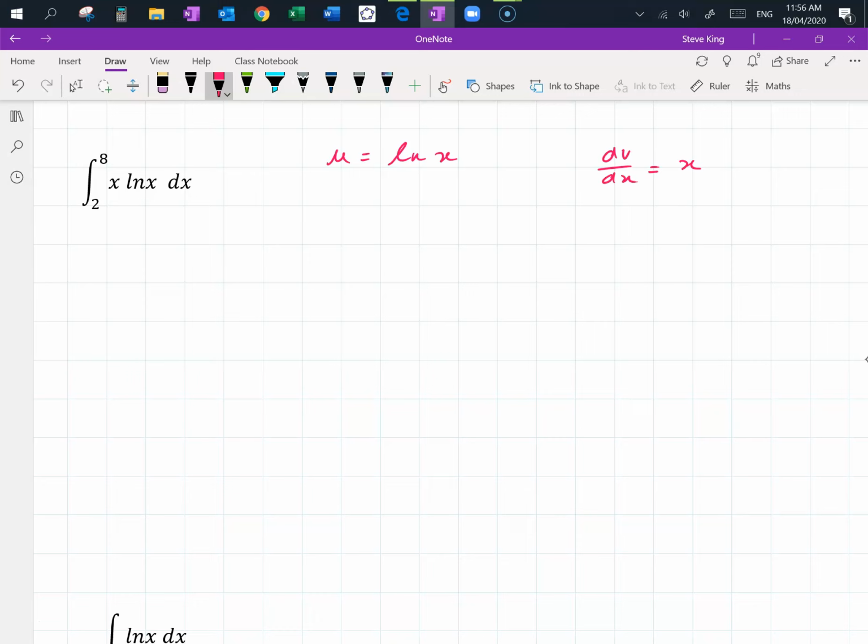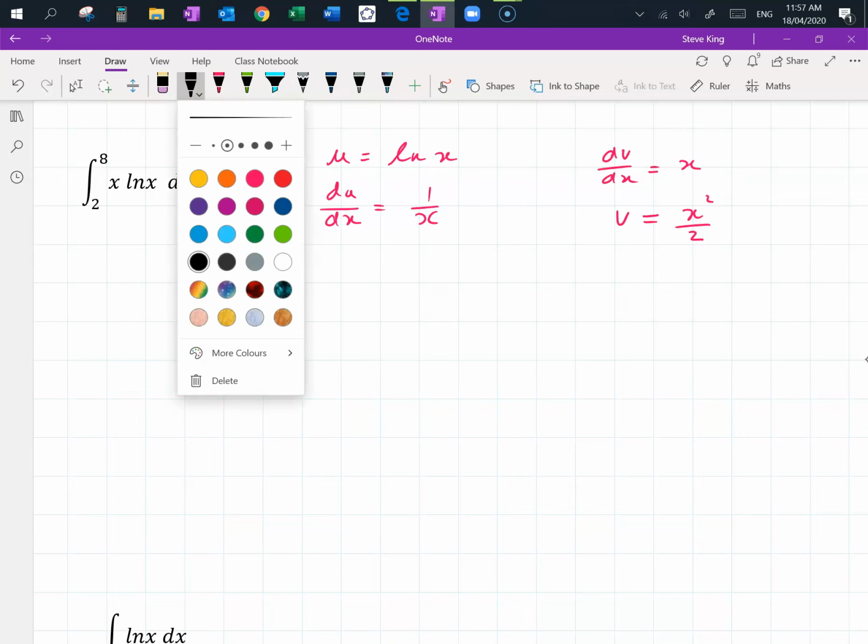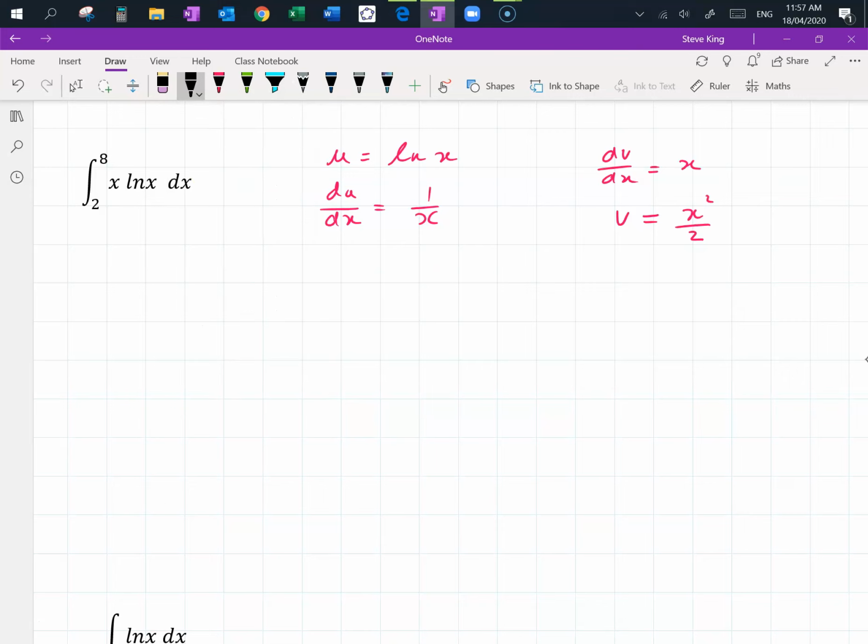Well, if u is equal to ln x, then du dx is going to be 1 over x. The derivative of ln is 1 over x. And here the value of v must be x squared over 2, if I integrate that. So now I've got my 4 elements, and now I need to complete the integration.